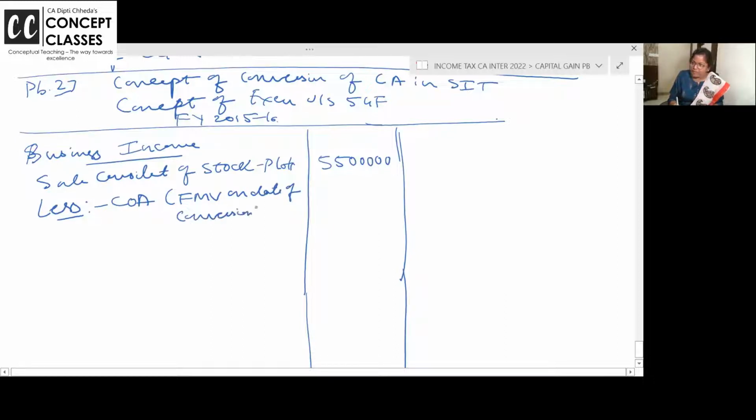The day you converted into stock in trade, उस दिन का fair market value. 55 lakhs. May you have sold. And what is the day you converted it? 2007. 1st April 2007. He started a business. And he converted, and fair market value on that date was 40 lakhs. 15 lakhs.